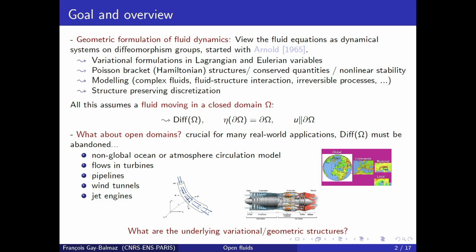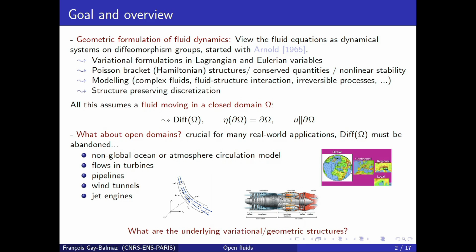To give an overview and some motivation, let me just recall the standard situation of fluid on closed domain. So this is due to the geometric description of Arnold. So why is this geometric description interesting? Because it gives rise to a lot of other structures that are then useful for various reasons.